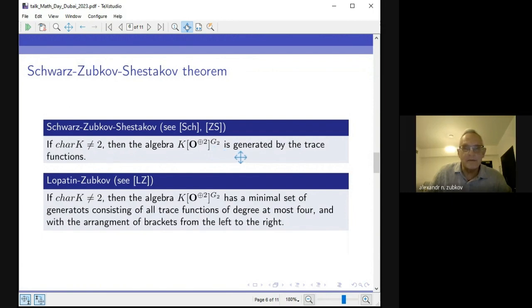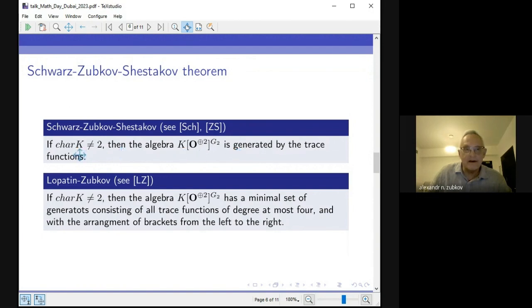The previous approach by me and Professor Shestakov cannot be realized here, because our approach was based on the fundamental observation that if you consider the representation of the group G2 on exterior powers of the minimal representation, I mean on the algebra of octonions, all these modules have good filtration.